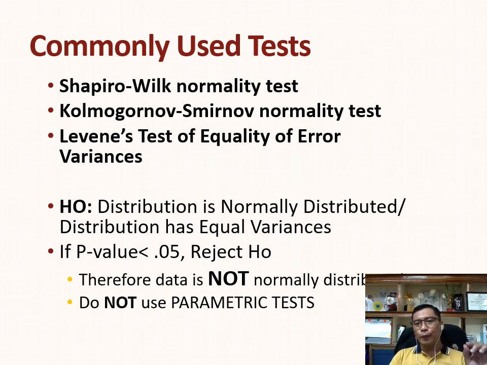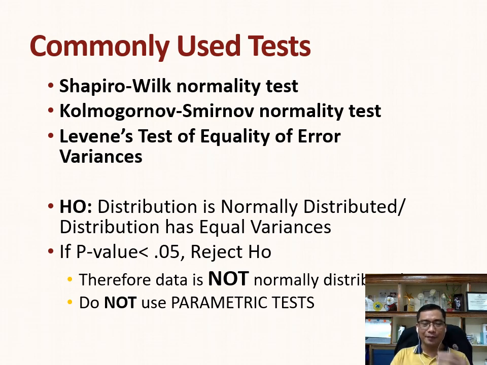But what if what you arrive at in your computation is less than 0.05? Therefore you reject the H0. The opposite of the H0 is that the data is not normally distributed.